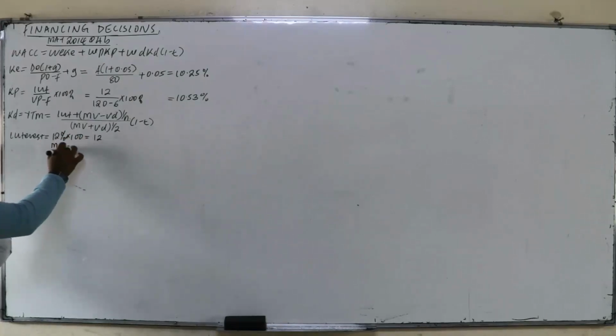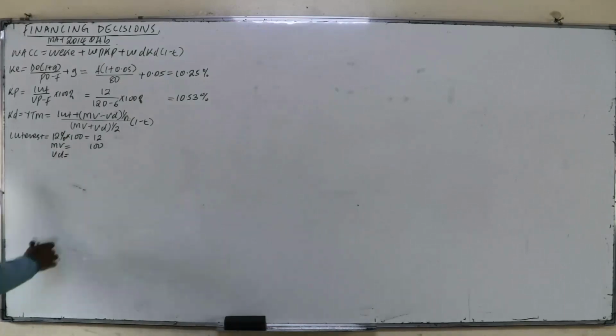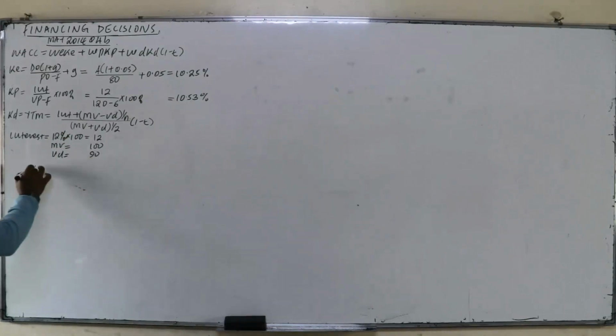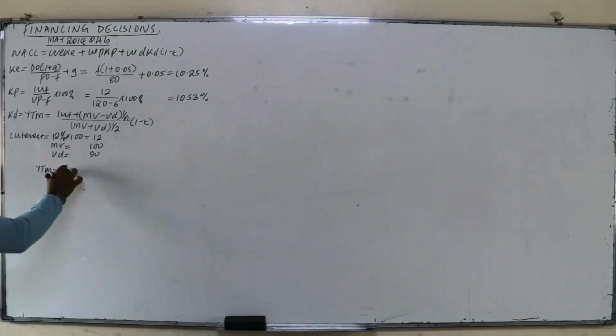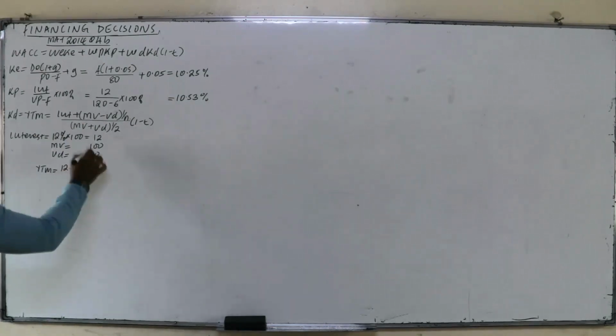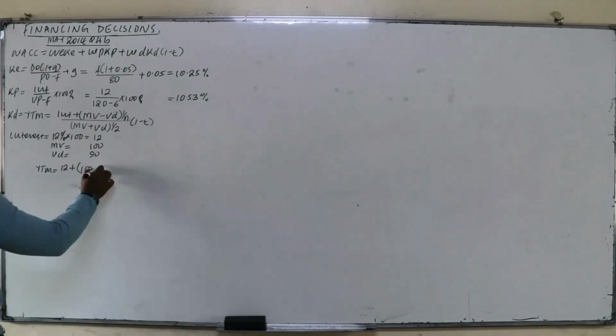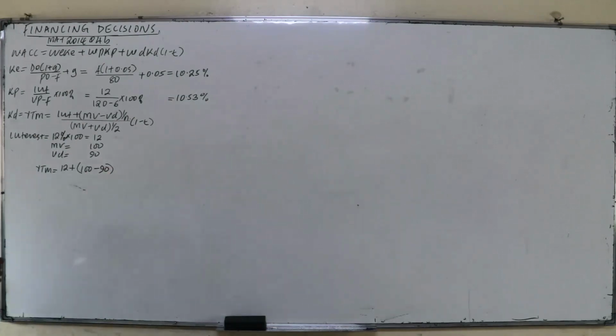Maturity value is the same as par value, which is 100. The value of the debt, they'll sell it at 90. So yield to maturity will be: you take the interest, which is 12, plus maturity value, which is 100, minus the value of the debt, which is 90, over n.